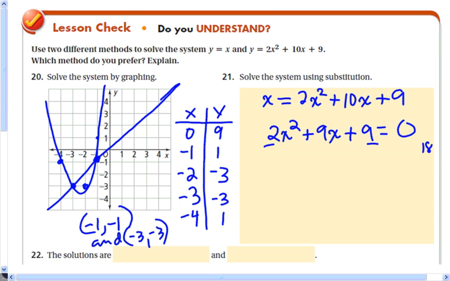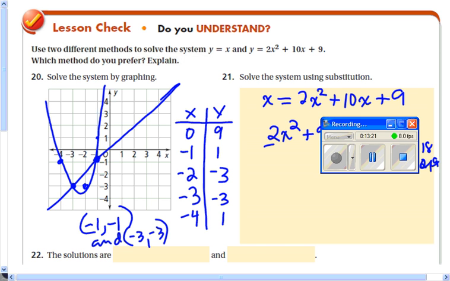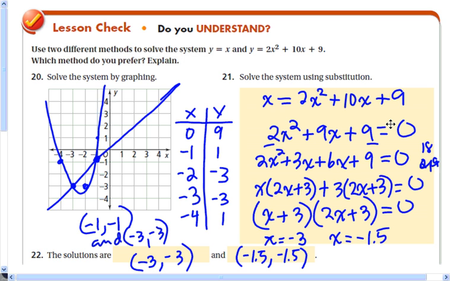Something like 2 and 9 doesn't work. So when I solved it by factoring, I found that the solution was actually x is -1.5.